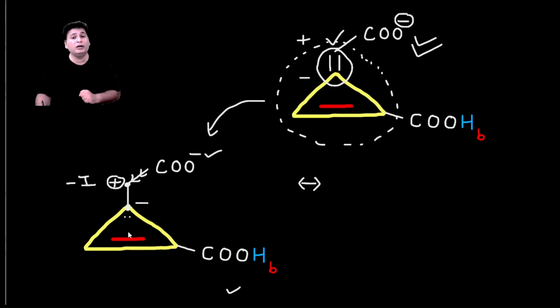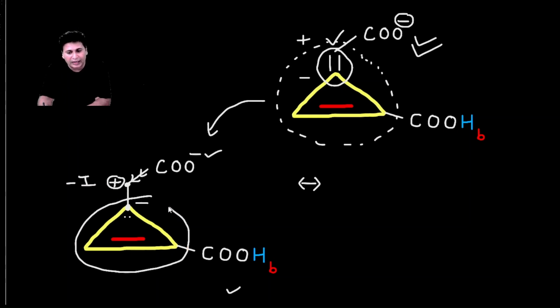Now, what is the role of this minus charge? You can now see that there is a ring which is cyclic in nature, and all the atoms are sp2 hybridized and there is a cyclic conjugation. How?